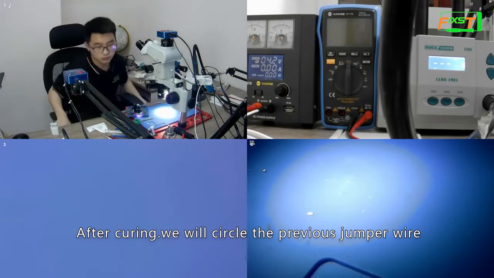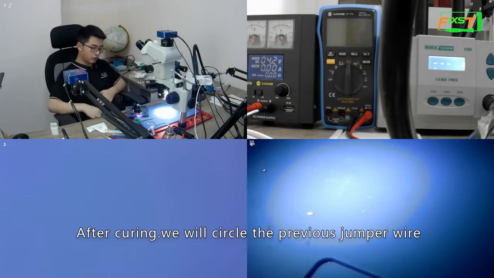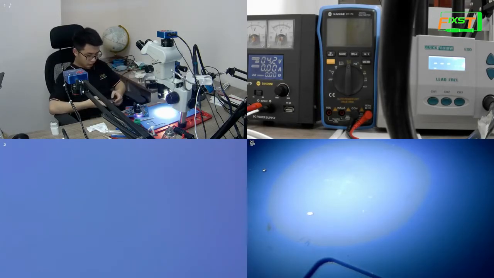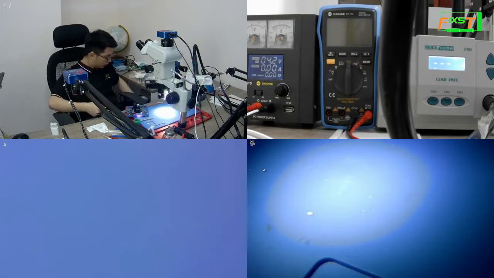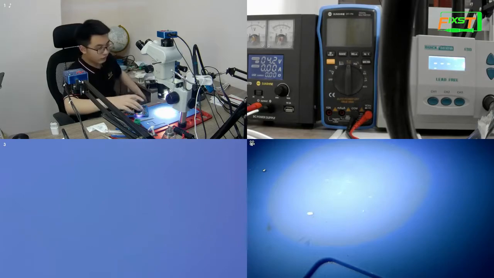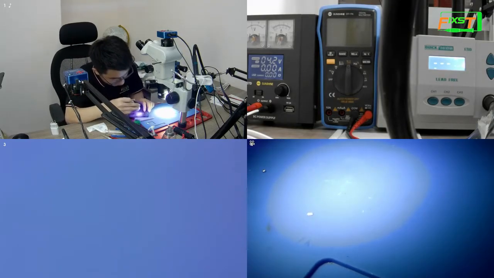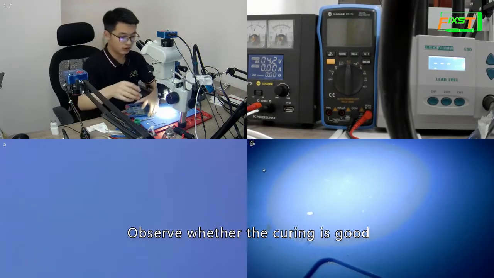After curing, we will circle the previous jumper wire. Observe whether the curing is good.